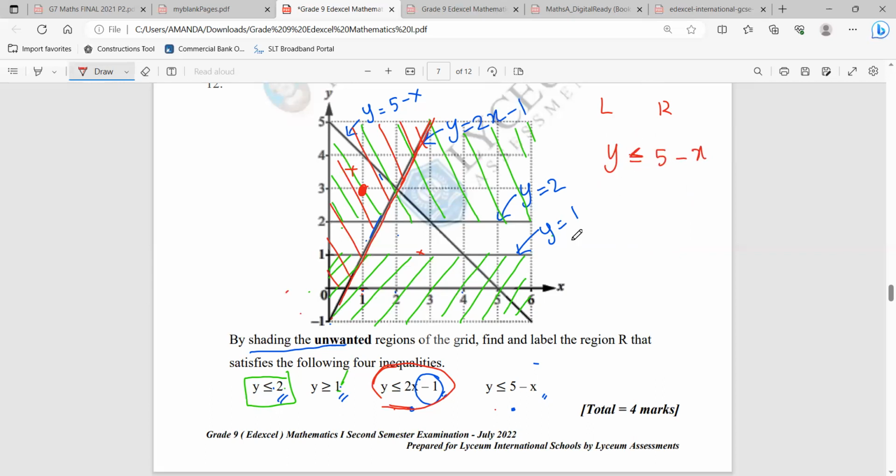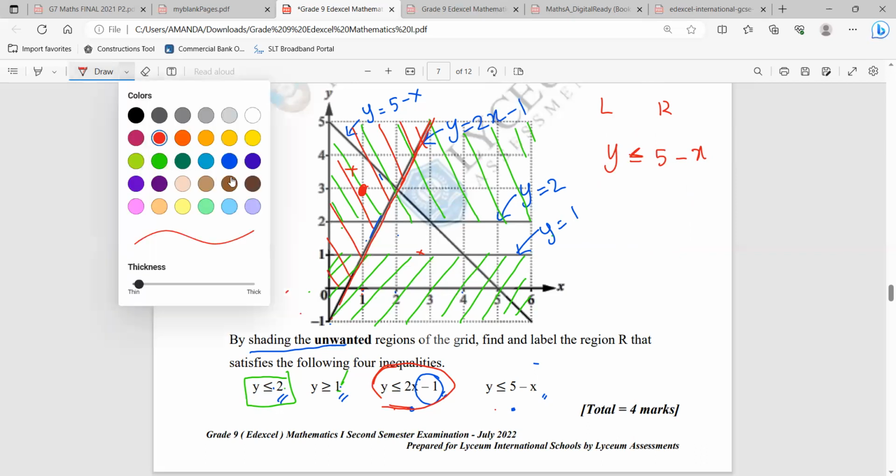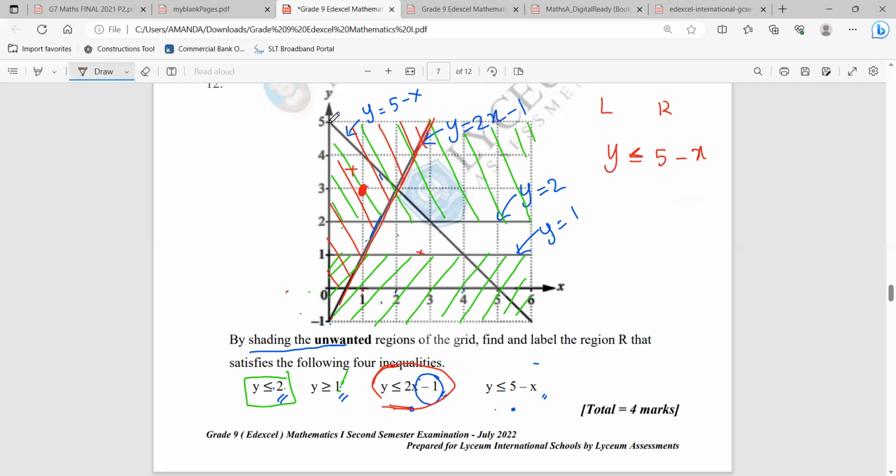Now, where is the line? Ah, here is the line. So we have two regions. I'm going to take a coordinate something like this, and let's see whether that coordinate falls into this one.